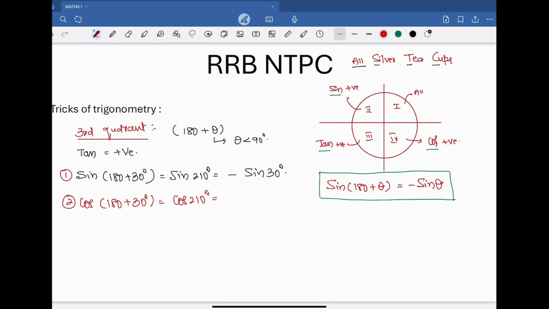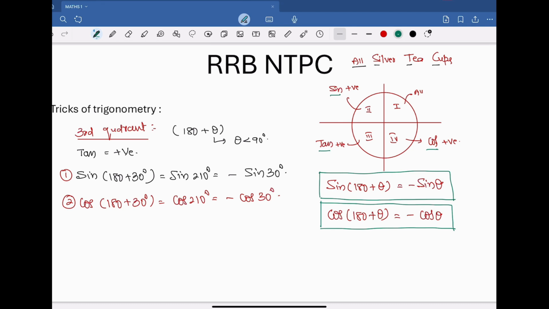This will be minus cos 30. You see, it's not changing its value, only it is getting negative. That's all. That means we can write cos 180 plus theta is equal to minus cos theta. Why is it minus? Because in the third quadrant cos is negative.